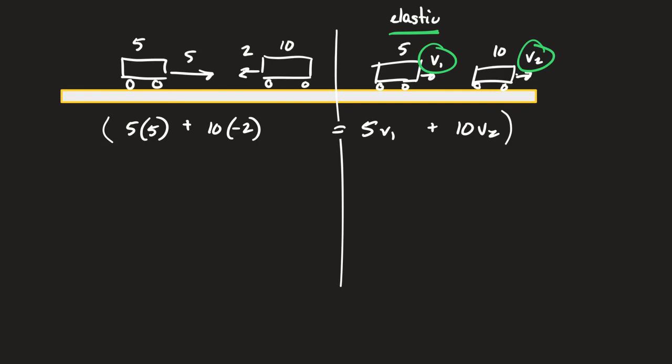The word elastic is enough. In an elastic collision, kinetic energy is also conserved. I did not say energy. I said kinetic energy is also conserved. Energy is always conserved. It's just transformed from one type to another. But in an elastic collision, kinetic energy is conserved.